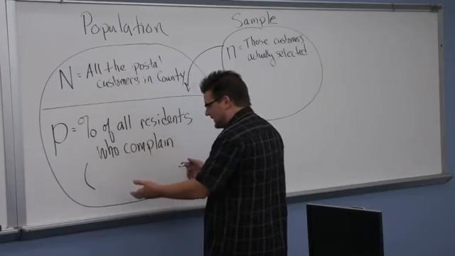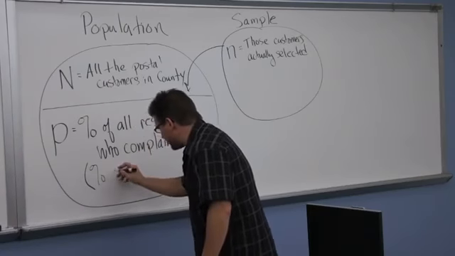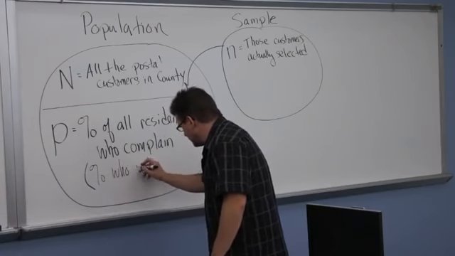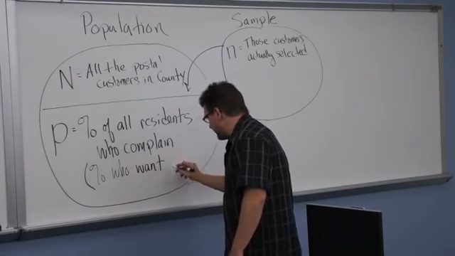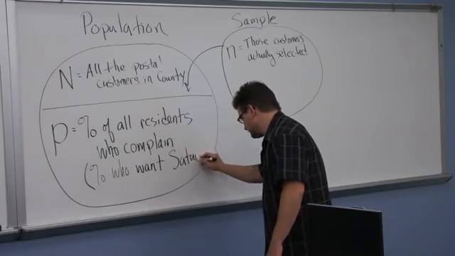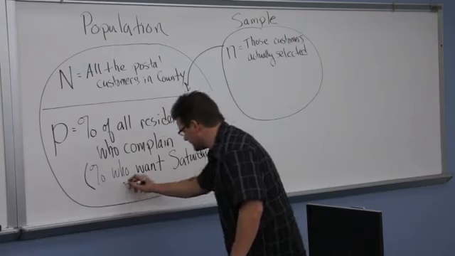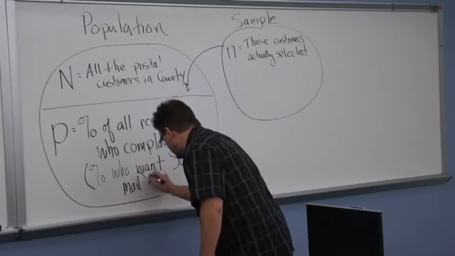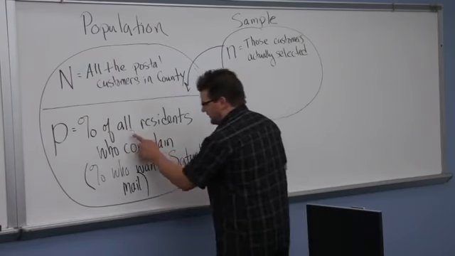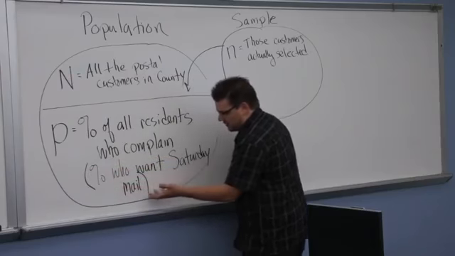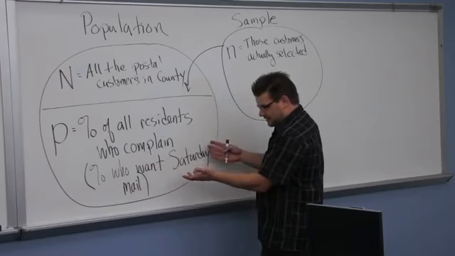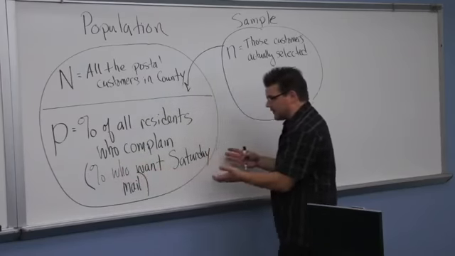So possibly in parentheses, percentage who want that Saturday mail. Could look at a couple of different things. This is probably the true number that we'd want to understand, right? The percentage who want Saturday mail.